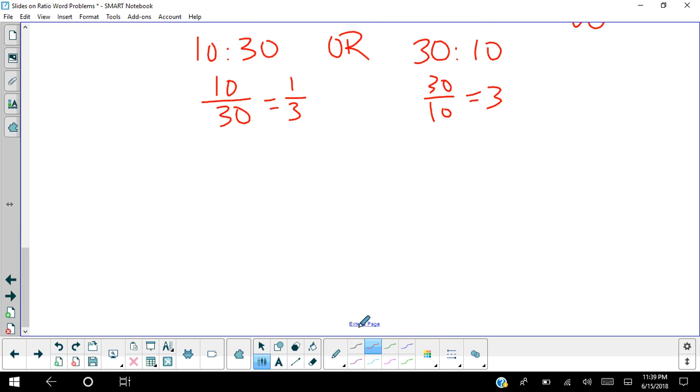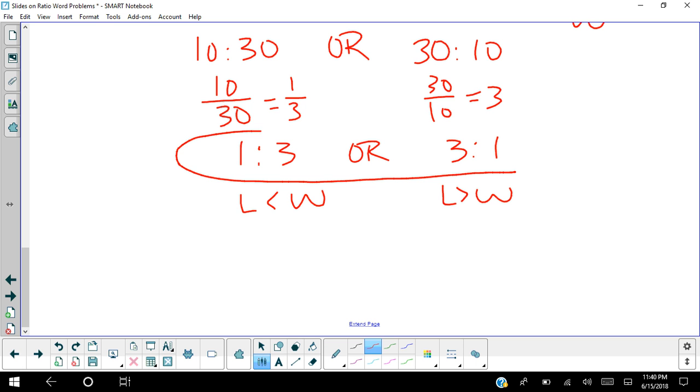Okay? So the ratio they're going to give you for this one is 1 to 3, and the ratio they're going to give you for this one is 3 to 1. If we assume that L is greater than W, then you would pick 3 to 1. L greater than W. If we don't make that assumption and we don't know, then we could just as easily have one where L is less than W. Okay?